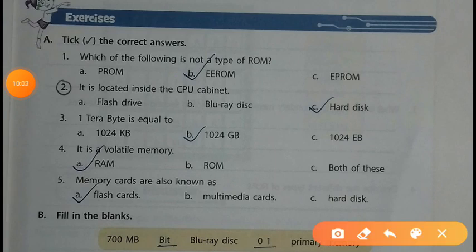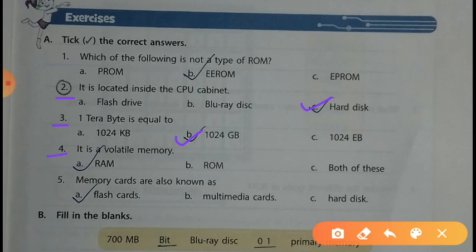Now question number two is, it is located inside the CPU cabinet. Dear students, option C is the right answer. Hard disk is located inside the CPU cabinet. Now question number three is, 1 terabyte is equal to, option B is the right answer. 1024 GB is equal to 1 terabyte.